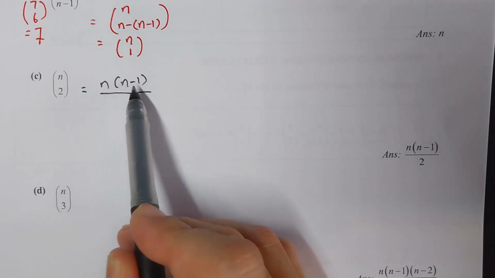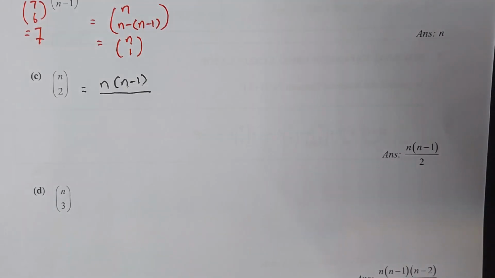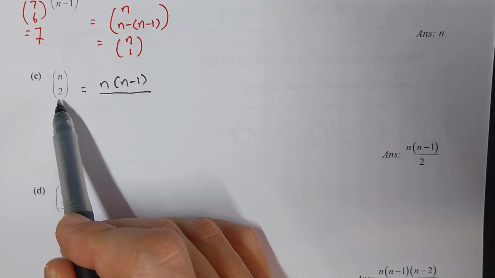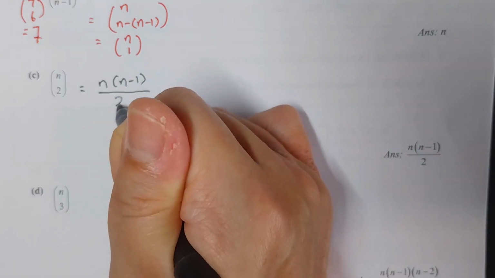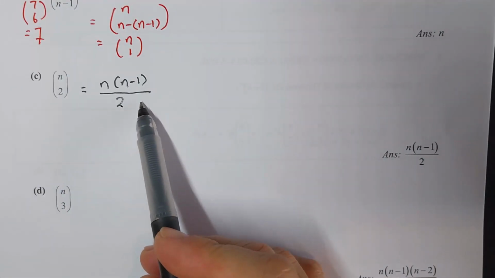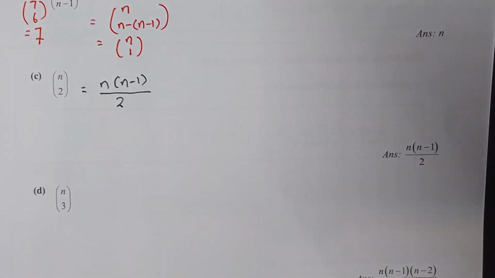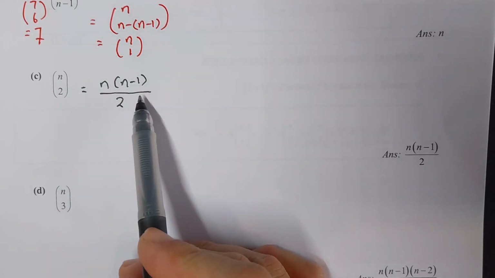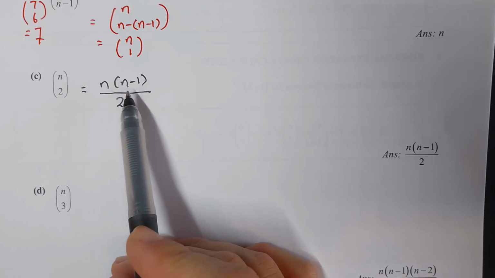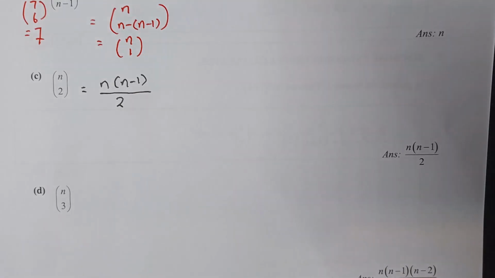Alright, so we do this 2 times. Next, we'll do this 2 times as well, starting with 2. So we have 2 times 1, which is simply 2. So n choose 2 will be given by this term here, n multiplied by n minus 1 over 2.